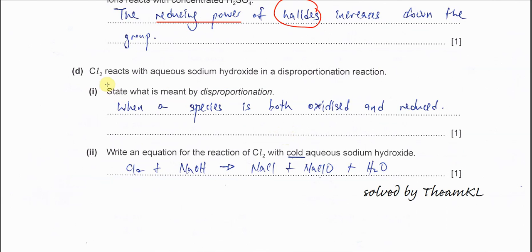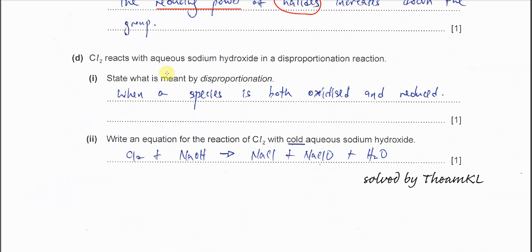D. Chlorine reacts with aqueous sodium hydroxide in a disproportionation reaction. State what is meant by disproportionation. Very easy. It is when a species is both oxidized and reduced. Write an equation for the reaction of chlorine with cold aqueous sodium hydroxide. If it's cold aqueous sodium hydroxide, then it will form NaClO.